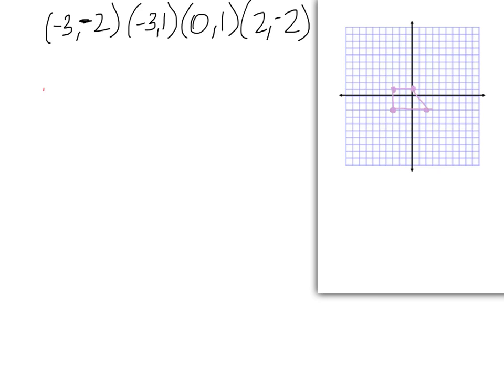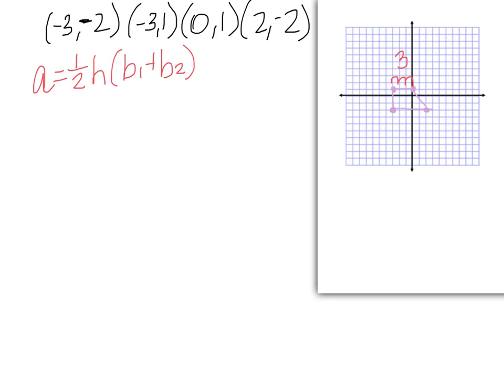Now, remember, our area for a trapezoid is 1/2 height times the quantity of base 1 plus base 2. Now, there's your clue right there. We need to find base 1 and base 2. So I'm going to start with base 1. I'm going to start with these 2 points up on top. I'm going to go 1, 2, 3.